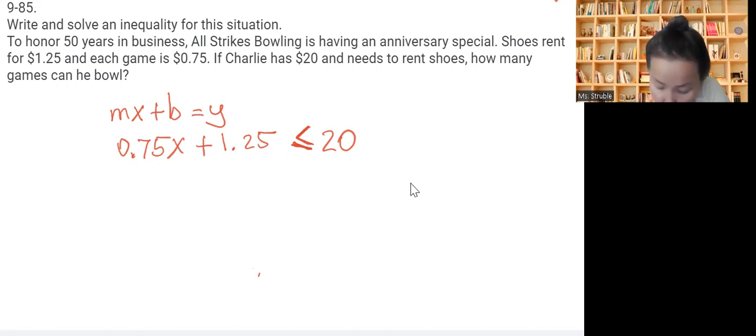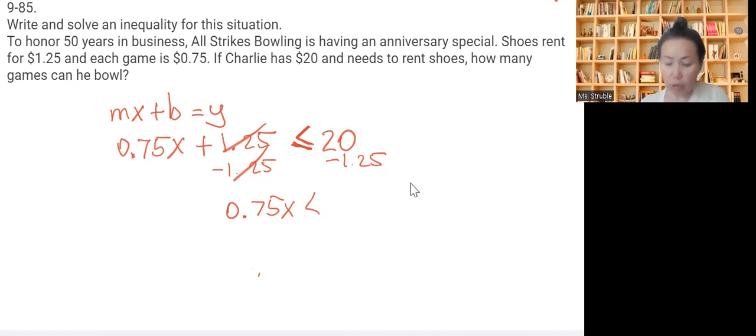So we're going to subtract 1.25 on both sides, and this is going to cancel out on the left, and we will be left with 0.75x less than or equal to 20 minus 1.25, which equals 18.75.